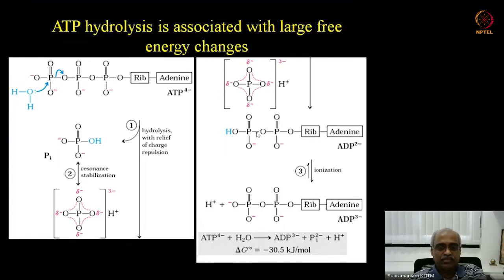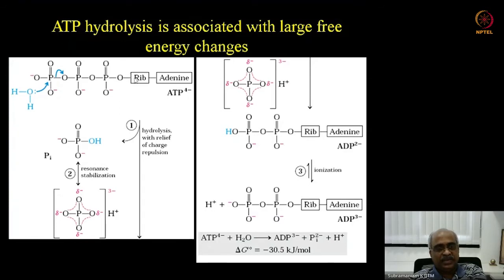And that ionization is another reason why this hydrolyzed product is more stable. Charge repulsion, resonance stabilization, then ionization. So these are the three major reasons why the hydrolyzed products are more stable and therefore have less enthalpy than the ATP molecule itself.